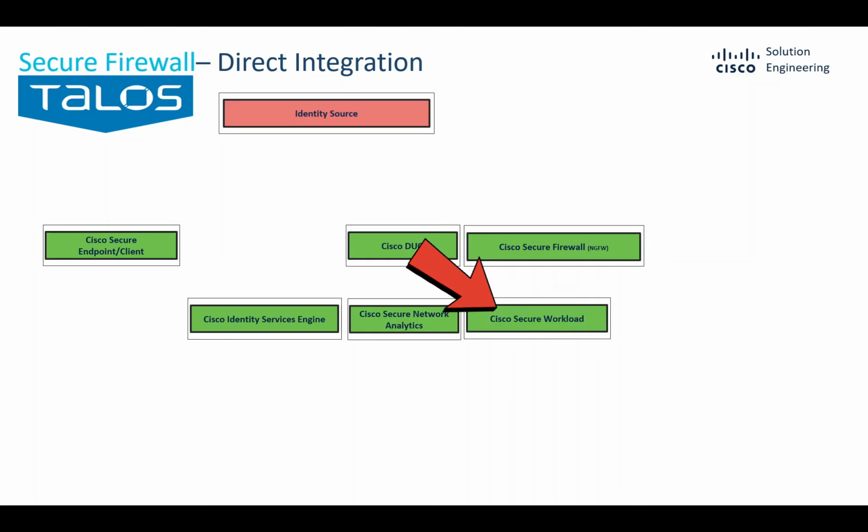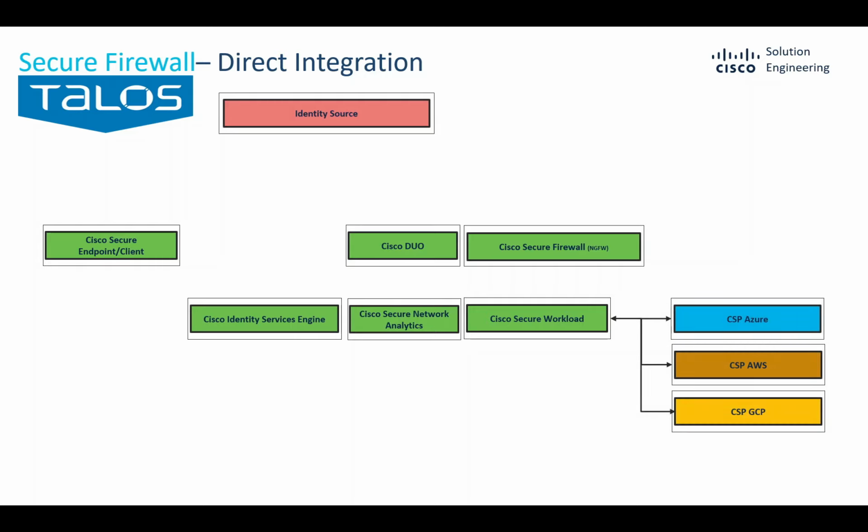Cisco Secure Workload, as we start moving to zero trust in the data center and microsegmentation and host-based or workload-based controls, we can also now start leveraging the firewall for macro-based controls, an area where an agent can't be deployed. We can provide flow data from Cisco Secure Firewall into Secure Workload.